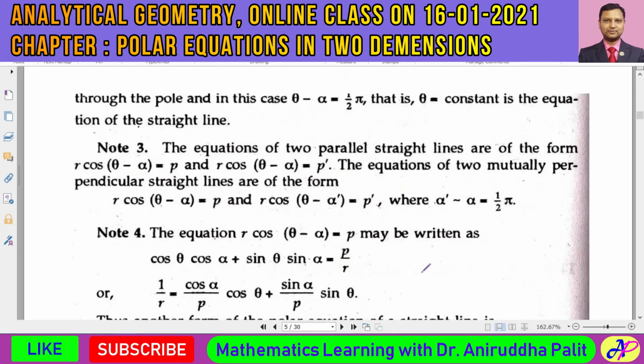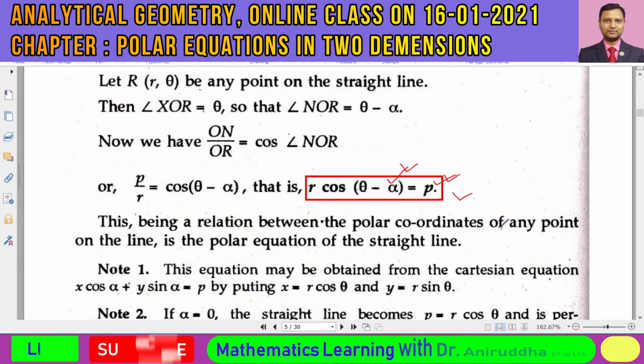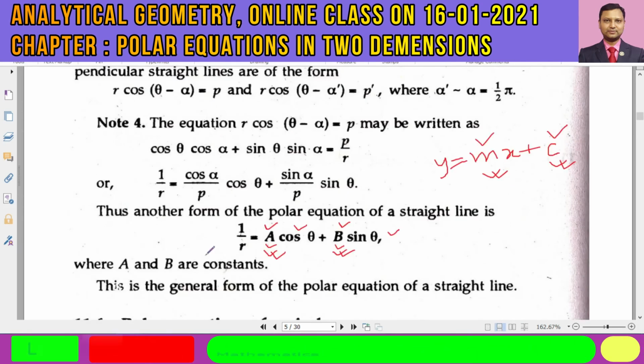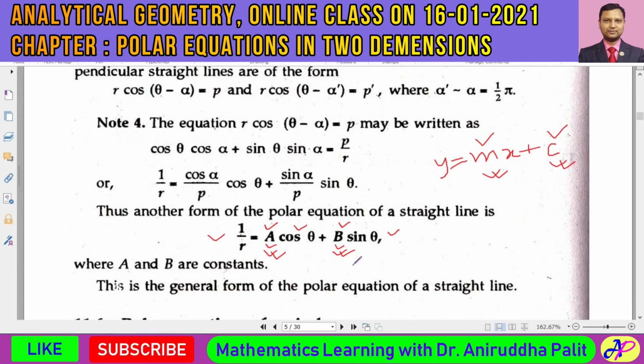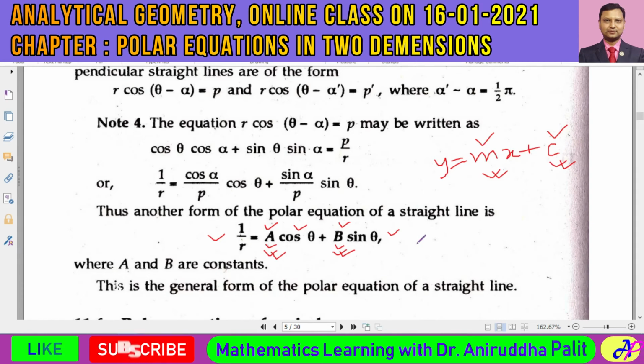So the equation of a straight line may be written in this form: r cos(theta minus alpha) is equal to p, or it can also be written in this form: 1 by r is equal to A cos theta plus B sin theta. So that is all about straight lines.